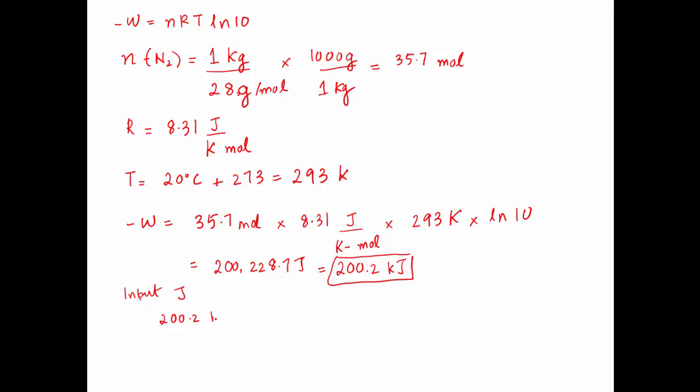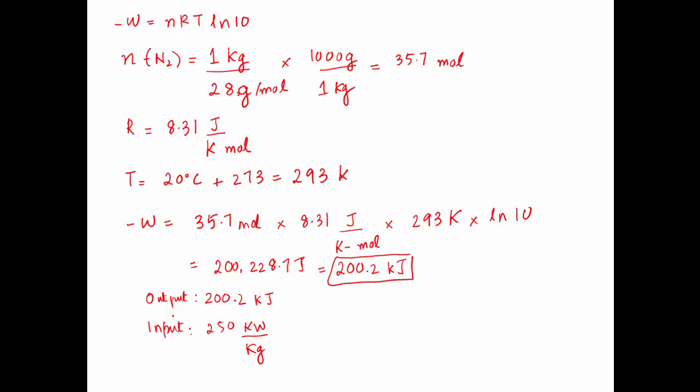So our output, you know already, is 200.2 kilojoules. Our input is 250 kilowatts per kilogram.